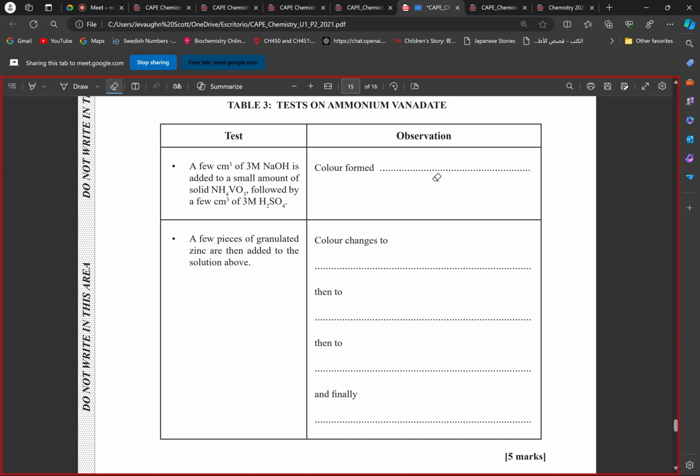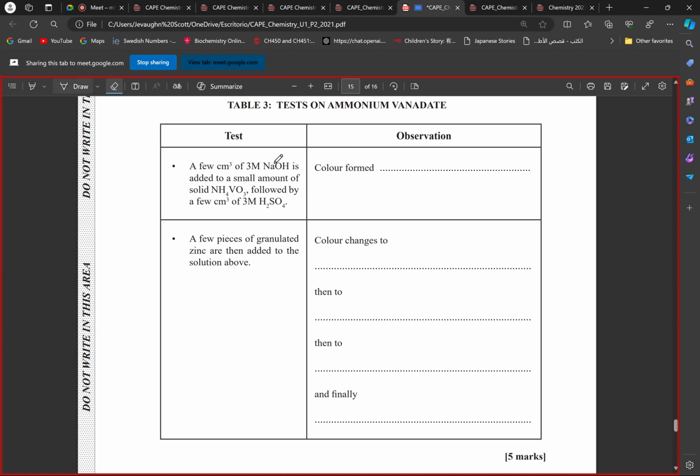What do we have? Do you know the experiment? Do we know the experiment, guys?